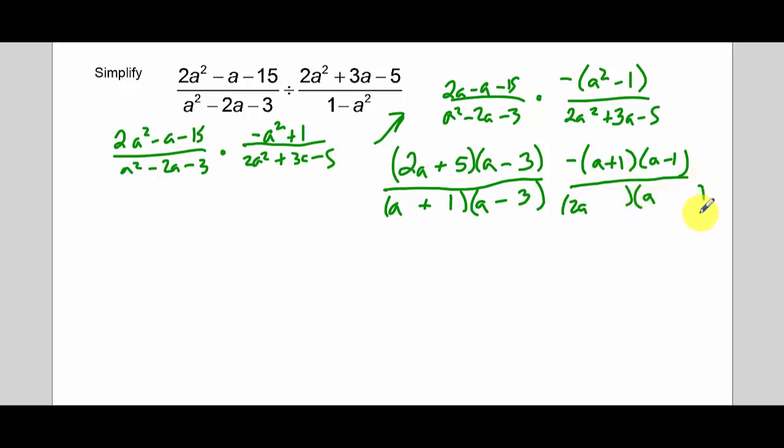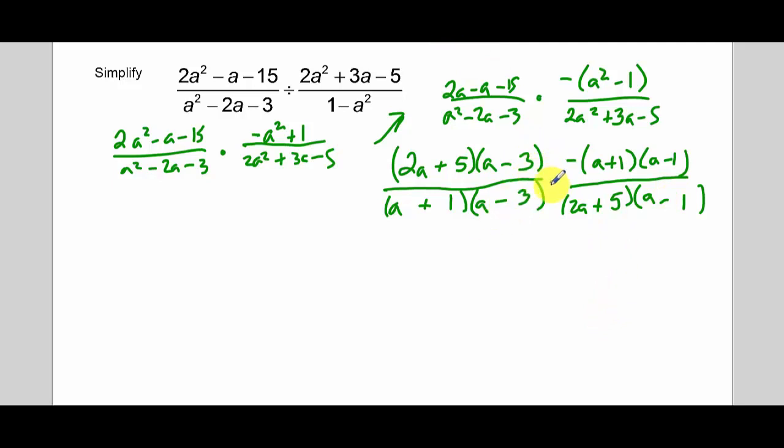I need a 5, so that's 5 and 1. If I put a 5 here, that's going to give me 10, probably too much, so I'll put my 5 here, my 1 here. So notice there's a 5 and a 2, which is 3. And I need that 3 to be a positive, so my 5 is positive, giving me a positive 5a. 1 is negative, negative 2a, and I'm good to go there.